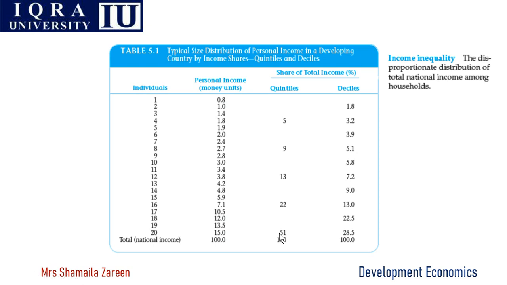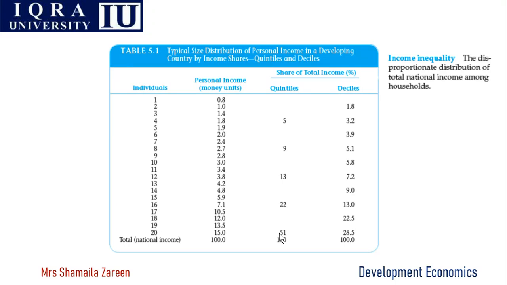So a common measure of income inequality that can be derived from column 3 is the ratio of incomes received by the top 20% and bottom 40% of the population. This ratio, sometimes called a Kuznets ratio after Nobel laureate Simon Kuznets, has often been used as a measure of the degree of inequality between high and low income groups in a country.